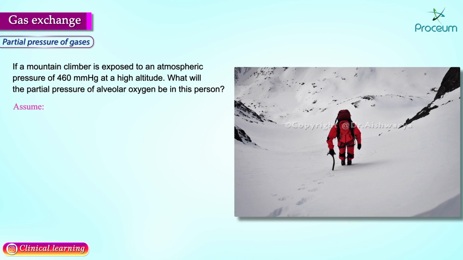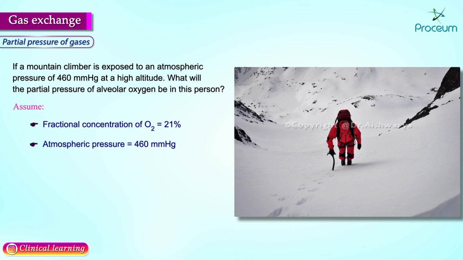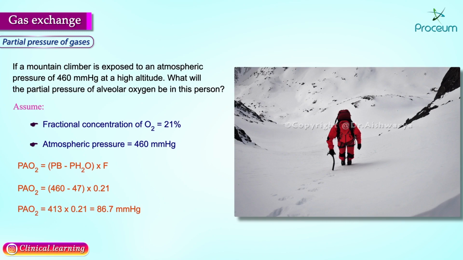Let us assume that the fractional concentration of oxygen is still 21% and the atmospheric pressure is 460 millimeters of mercury, where the partial pressure of alveolar oxygen can be calculated as Pb minus partial pressure of water into F. According to our formula, 460 minus 47 into 0.21 is 86.7 millimeters of mercury.